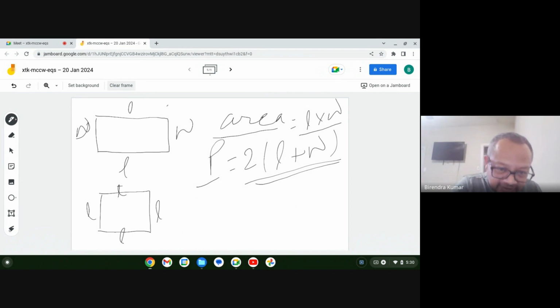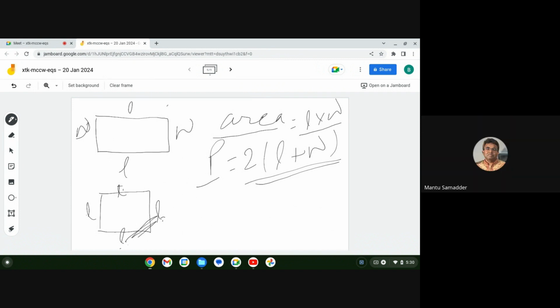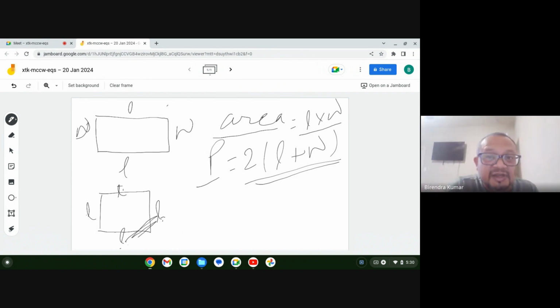So this is also a rectangle, and the opposite sides are of the same length. The only difference is that length and width are also the same. So it has all the properties of a rectangle, and we can reuse the formula of a rectangle in a square as well.